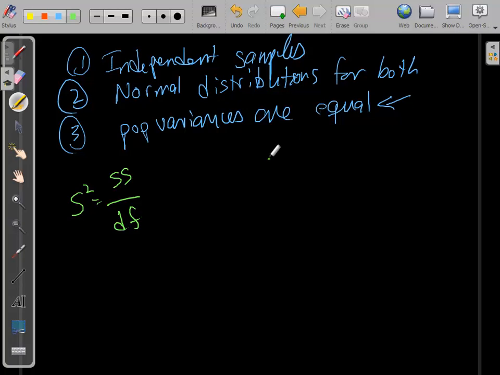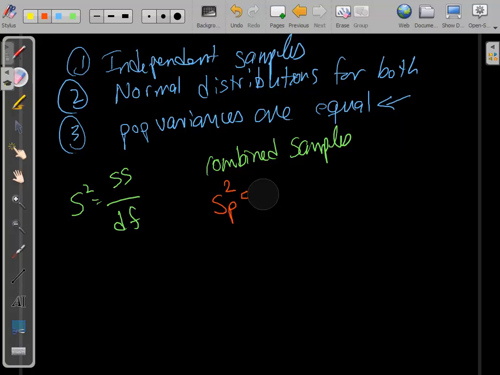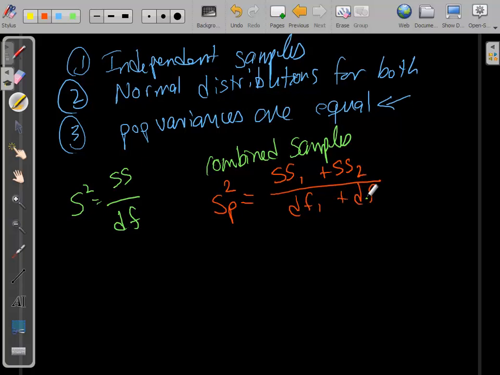So for the combined samples, since either one is equally valuable for estimating the population variance, we could say that our pooled estimate, so if I combine these samples, is going to equal the sum of squares from the first plus the sum of squares from the second divided by the degrees of freedom from the first plus degrees of freedom from the second.